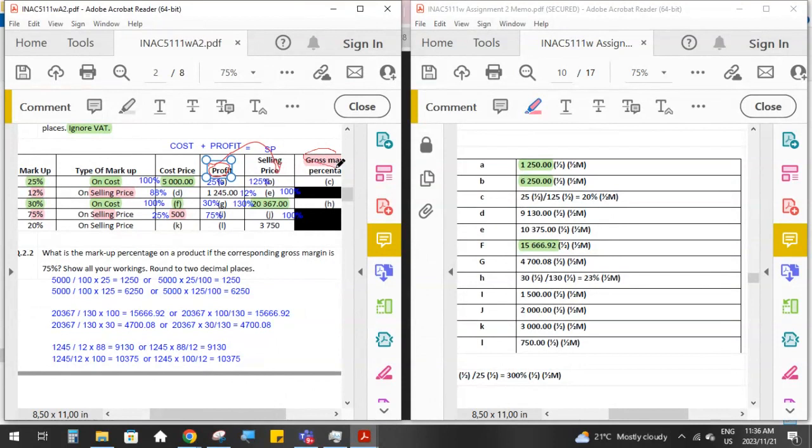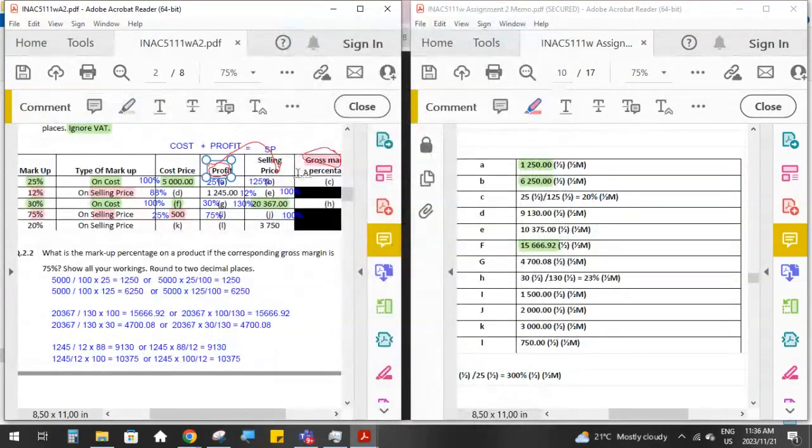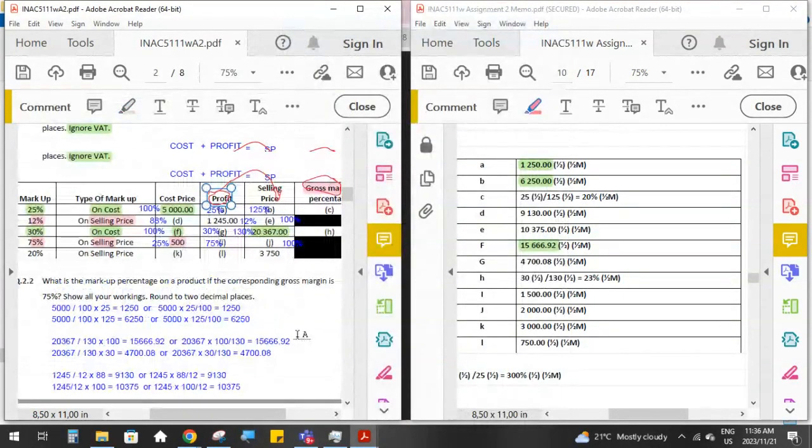Gross margin always means profit over selling price multiplied by 100 to convert it to a percentage. So when they say over here, what is your gross margin percentage? You are always going to work out profit as a percentage of the selling price.